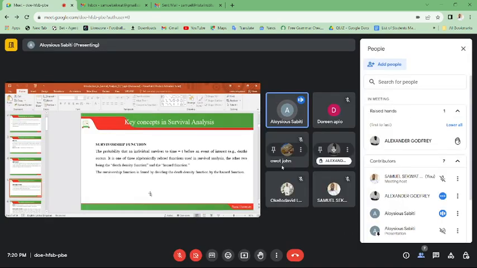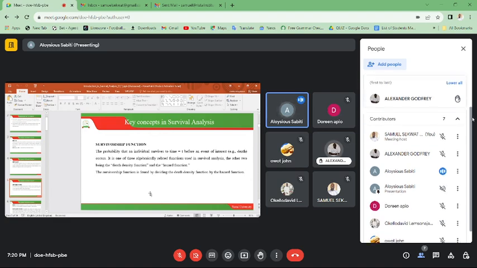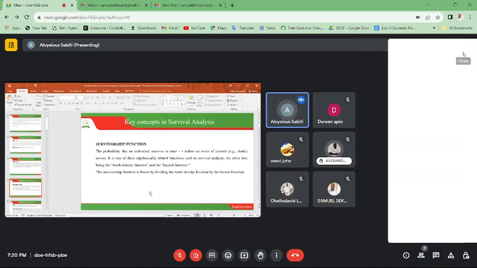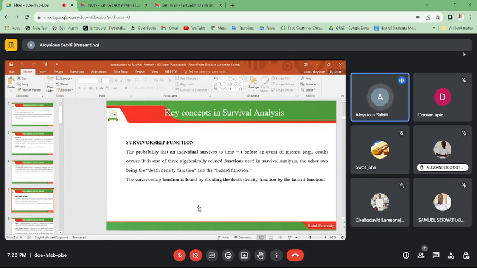So the survival function is the probability that an individual survives to time t, before an event of interest, for example death, occurs. It is one of the three algebraically related functions used in survival analysis, the other two being the death density function and the hazard function, which we shall look at as we proceed.